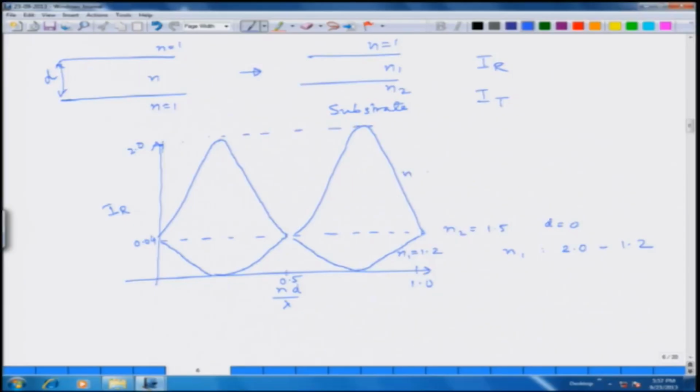This is for N1 if the film is 2.0. If it is somewhere in between, it is going to be maximizing. If it is, let us say, something like 1.4, then N1 is equal to 1.4.